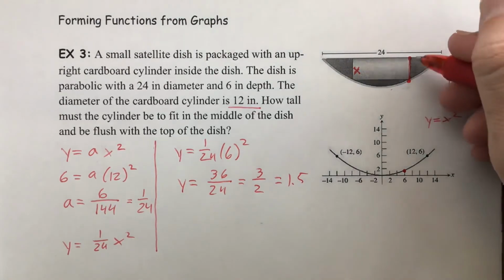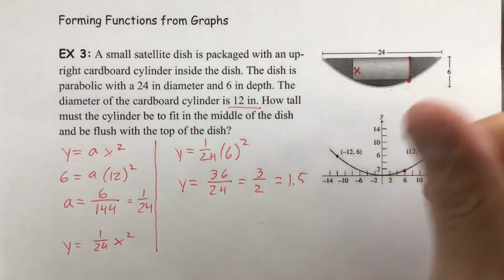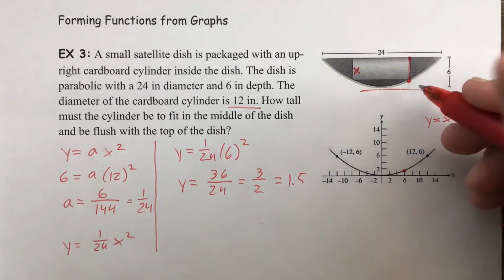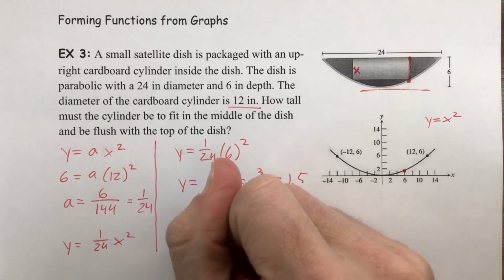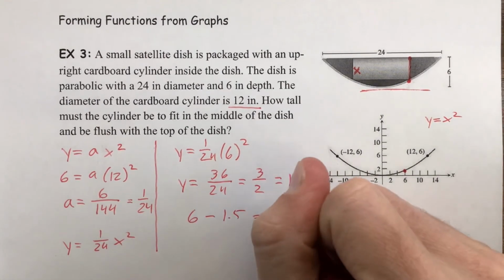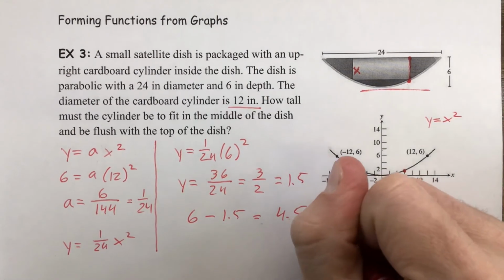So if the height here is 6 inches and the height here with respect to the x-axis is 1.5, we can take 6, subtract 1.5, and we get 4.5. That would be inches.